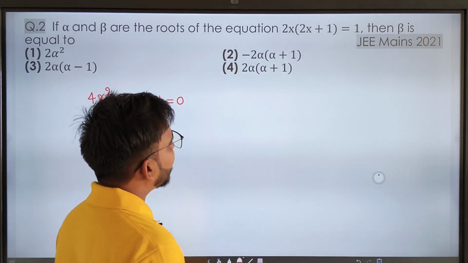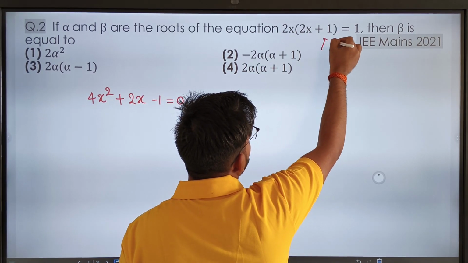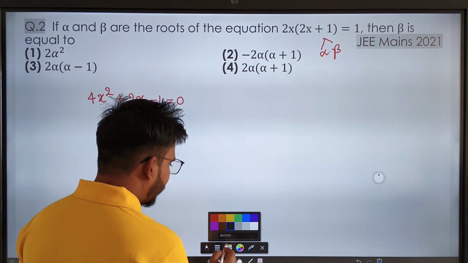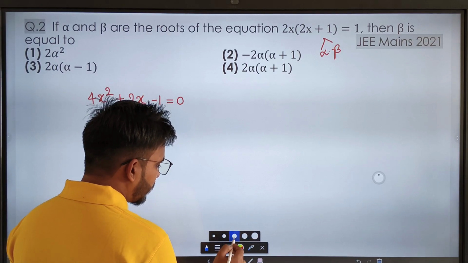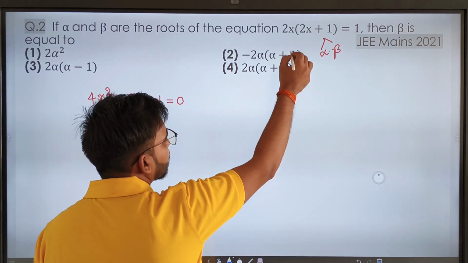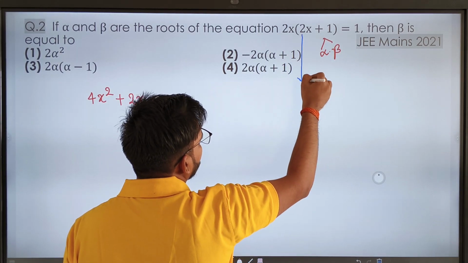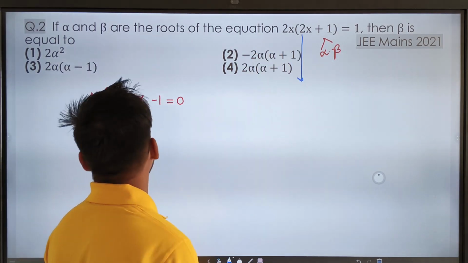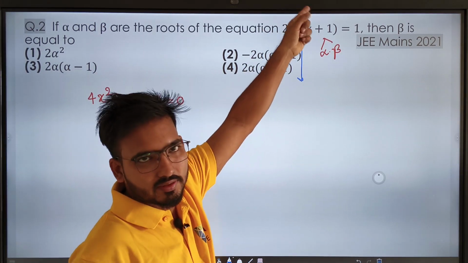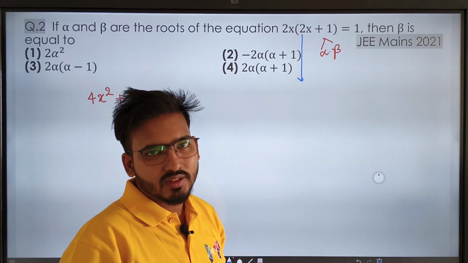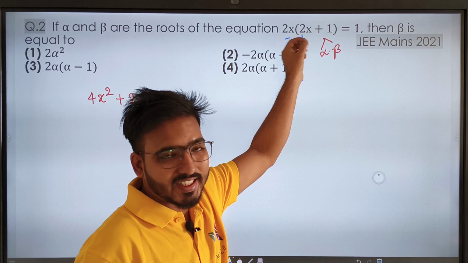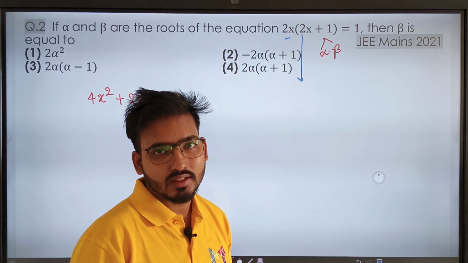Okay, if alpha and beta are the roots of this equation, I know that alpha and beta would satisfy this equation. Because I am observing in the question, in the answer, the options are written in this form, I should satisfy it with alpha, not beta.